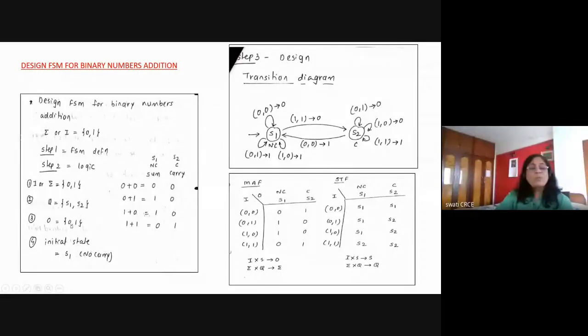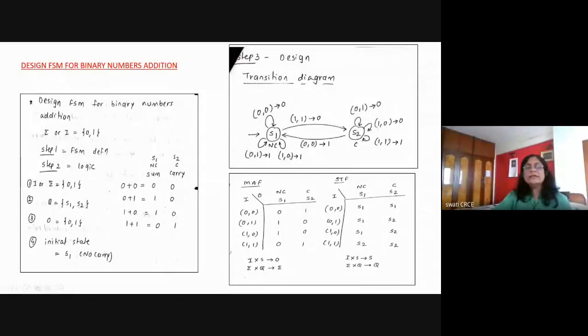As per my logic, I'm going to have a state S1, which is a no carry state. When the machine is in this no carry state, the carry is not generated. If the machine is in the carry state, then it is assuming that there is already a carry, and now it will read the next input.